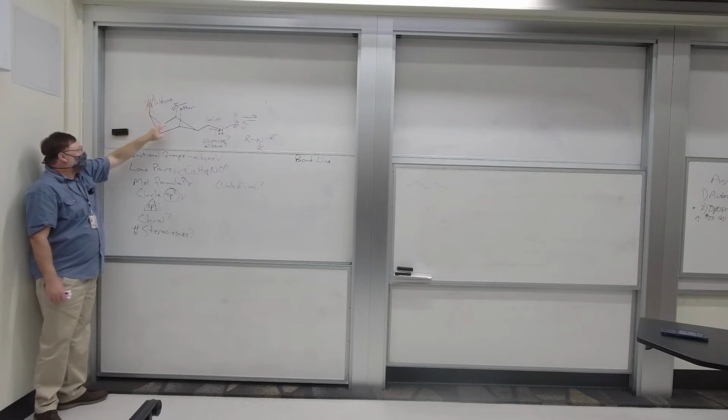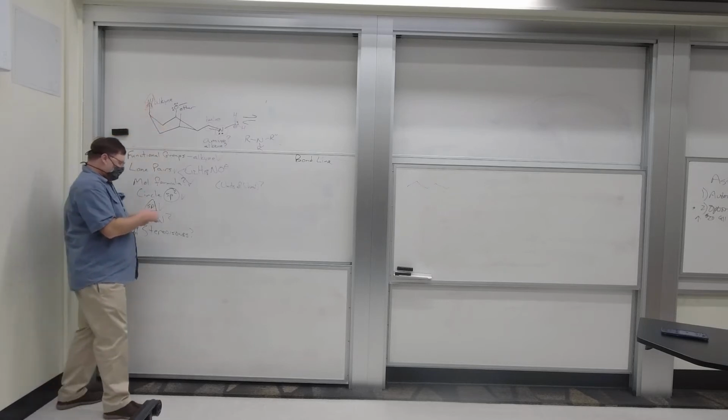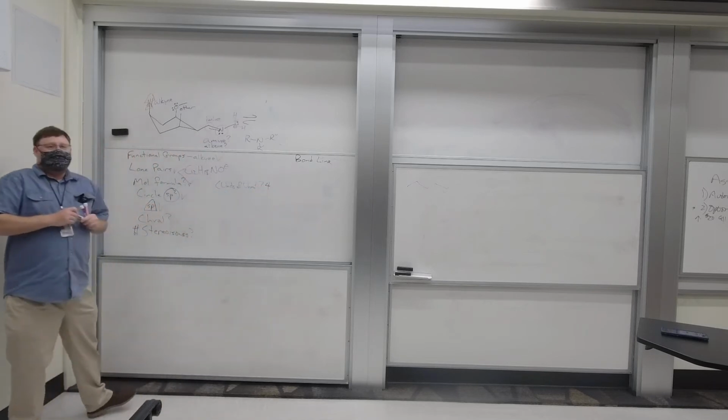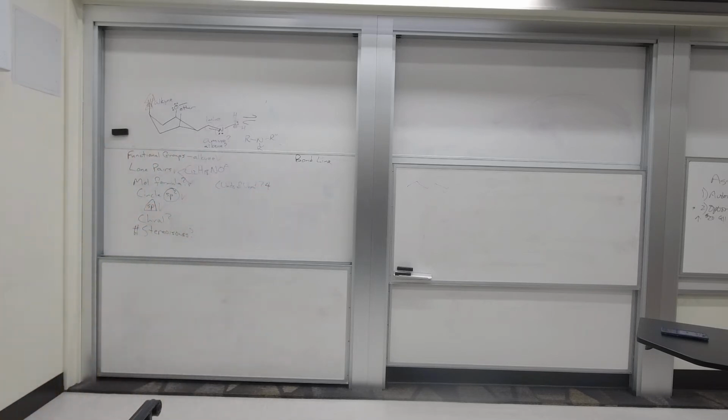So that's 3 pi bonds in a ring, which is going to be 4. We'll probably use that formula, 2 times carbon plus 2 minus, in the spectroscopy. And what I will tell you is the number of unsaturations is always an integer, right? You can't have half an unsaturation.